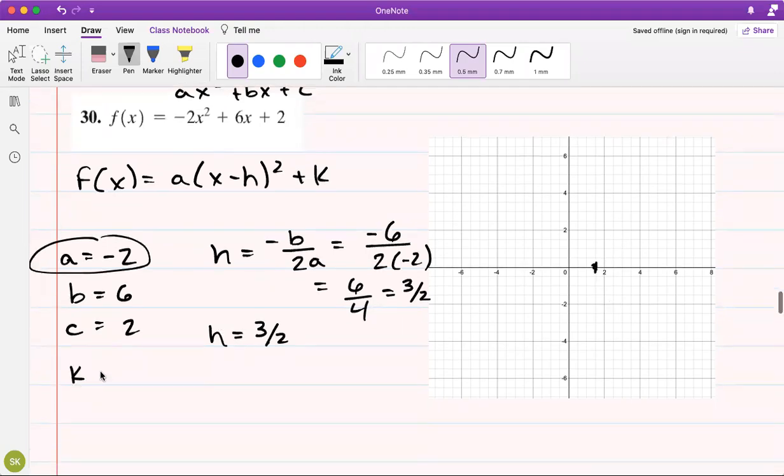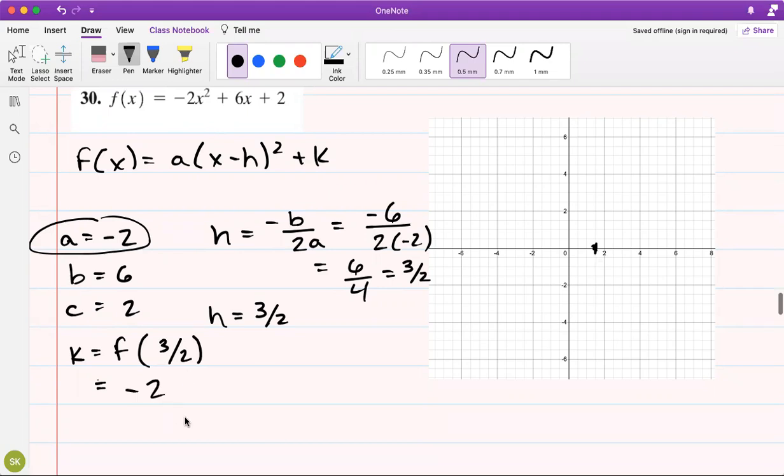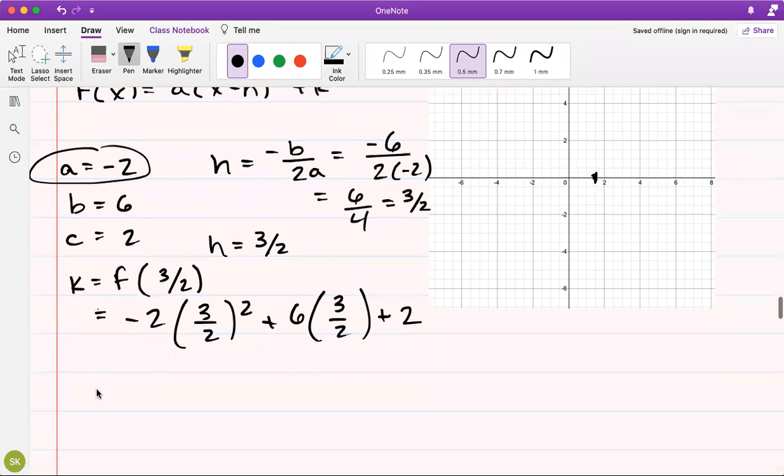Okay, to find k, we plug 3/2 into the function. So this is negative 2 times 3/2 squared, I'm just plugging it into here, plus 6 times 3/2 plus 2. Okay, square this, we get negative 2 times 9 over 4, plus 18 over 2. I could simplify this, but I'm going to leave it over 2 because I'm going to have to add these fractions.